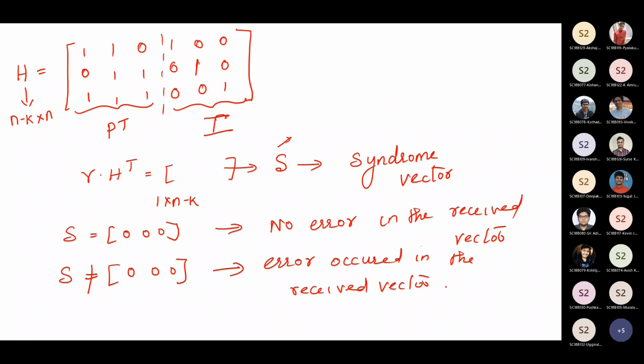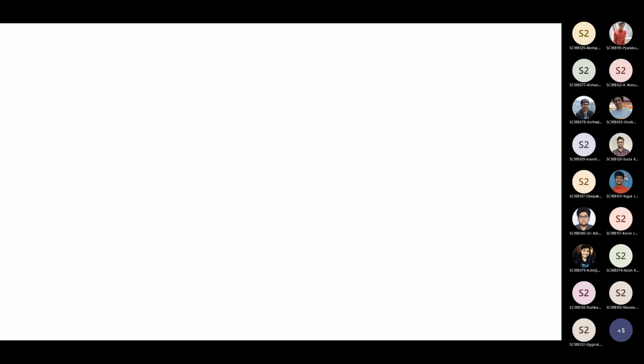Is it clear up to this? Yes, ma'am. Okay. Next one, you just see the size. H is n minus k cross n. So it means it has n column vectors, H0, H1, H2 up to Hn minus 1.